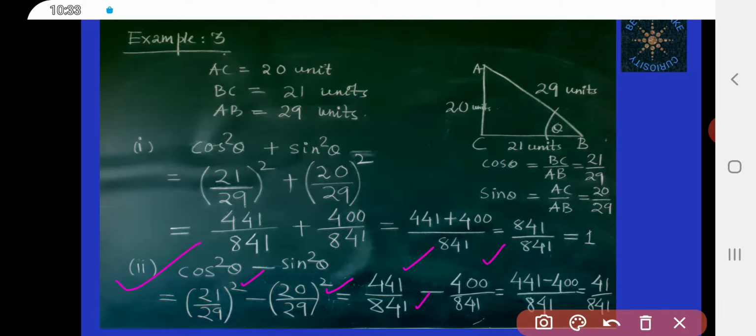Then you subtract these two fractions, then you get how much? 41 by 841. So your answer is 41 by 841. Okay, second.